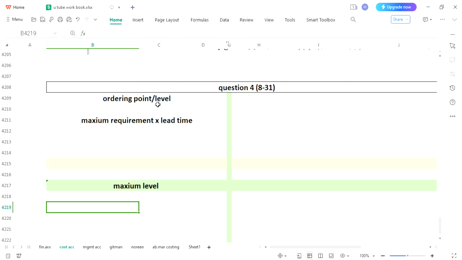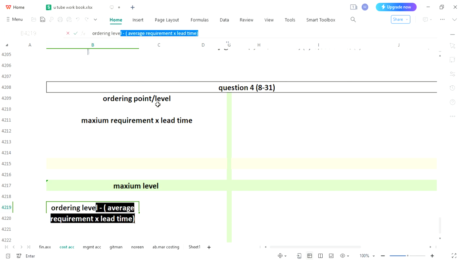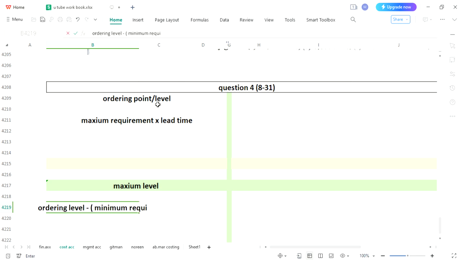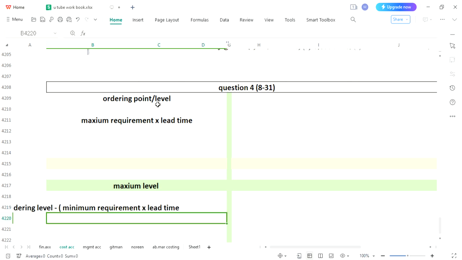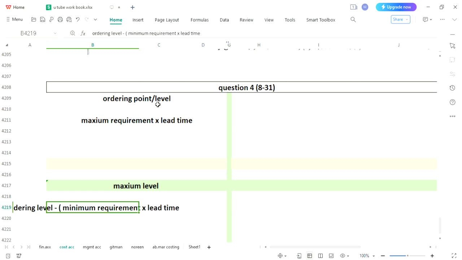First aspect would be ordering level, and kindly keep it in mind, ordering level has already been calculated, and then we will subtract minimum requirement, which would be given in the question, and finally we will multiply it with lead time. So in this way we will be calculating our maximum level of units. The answer would be in number of units.